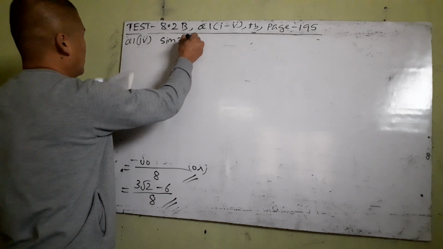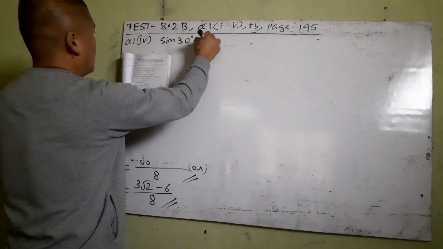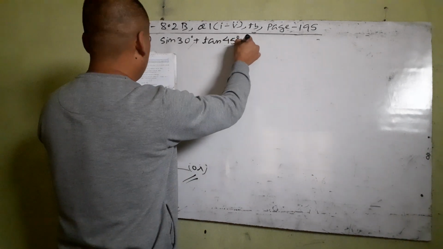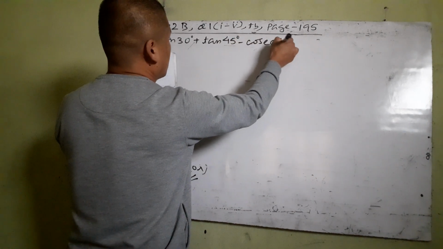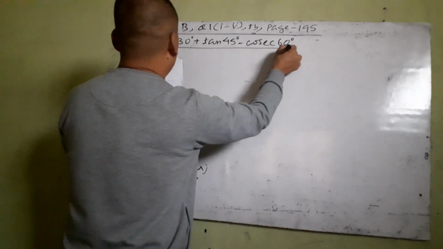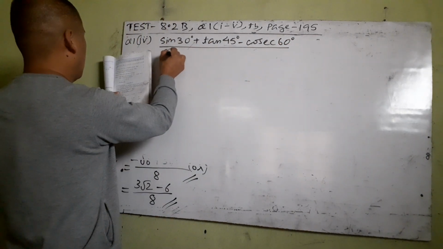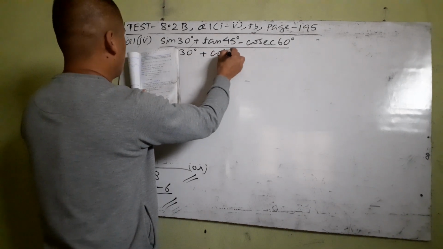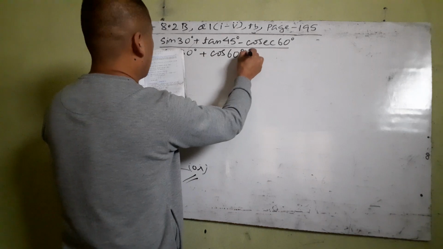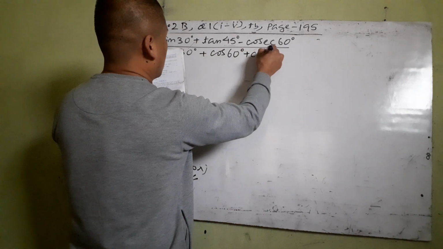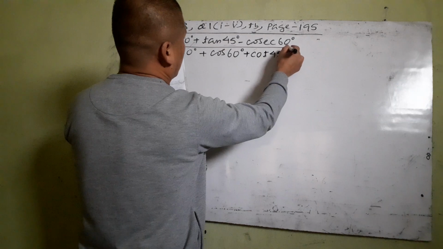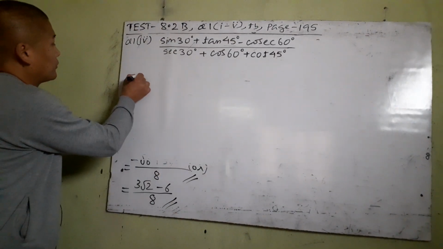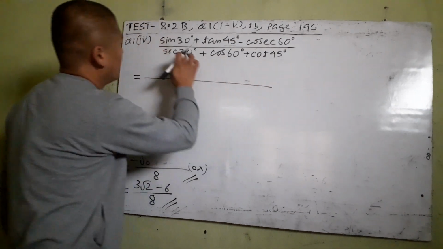Sine 30 degree plus tan 45 degree minus cosec 60 degree divided by sec 30 degree plus cos 60 degree plus cot 45 degree. So let's put the values in the right places carefully.